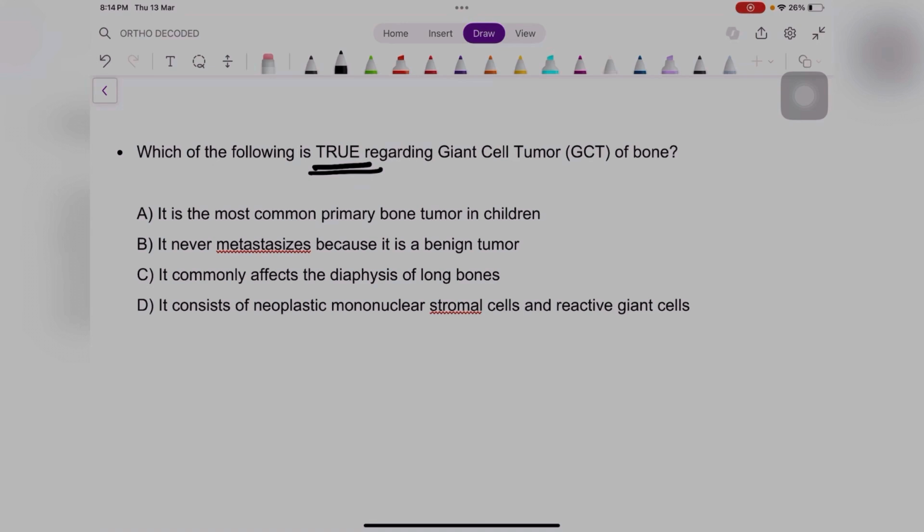It never metastasizes because it is a benign tumor. It commonly affects the diaphysis of the long bones. It consists of neoplastic mononuclear stromal cells and reactive giant cells. So now, tell me what is the options.